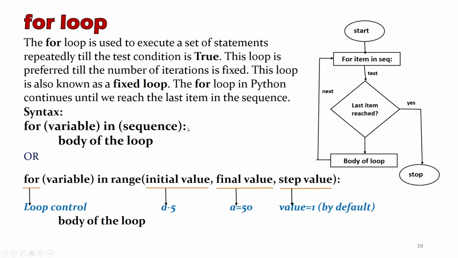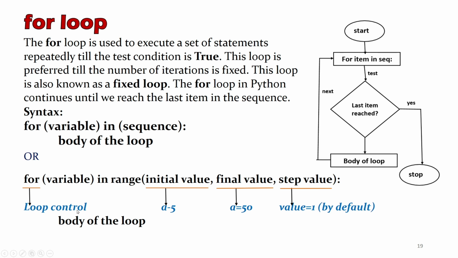After the colon comes the body of the loop, meaning the statement or statements that are to be repeated. Or we can also write for variable in range. We can use the keyword range, then give the initial value, final value, and then the step value. If we do not give the step value, it takes 1 as the default value for steps.